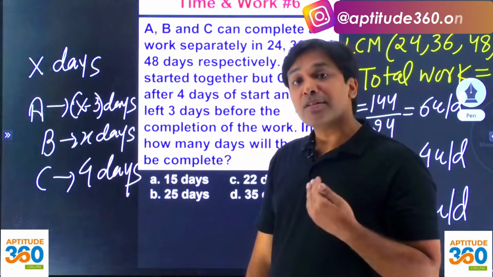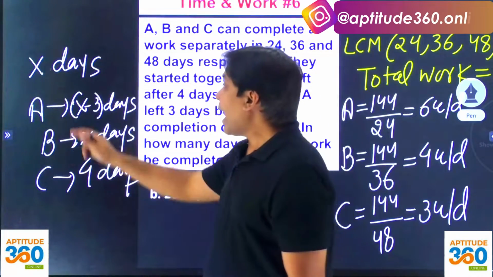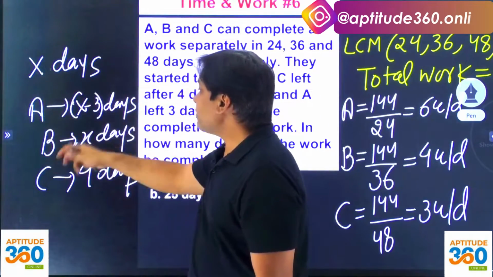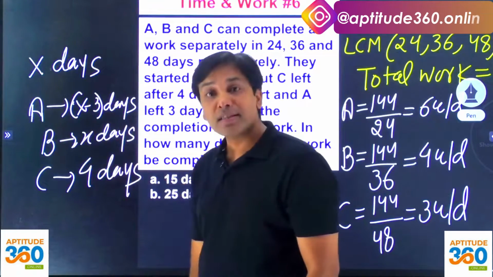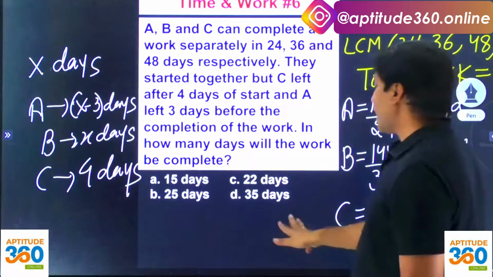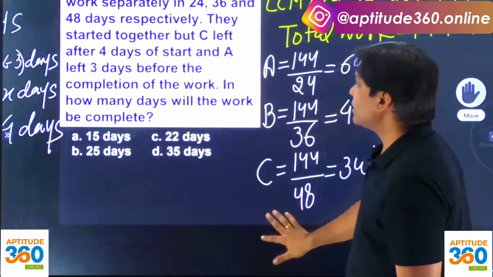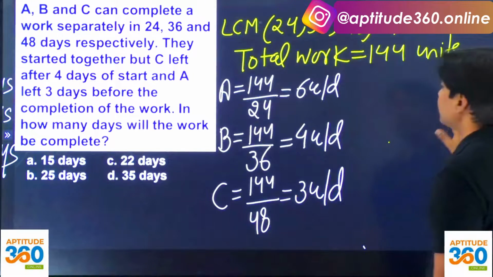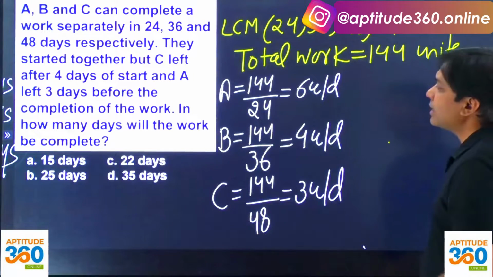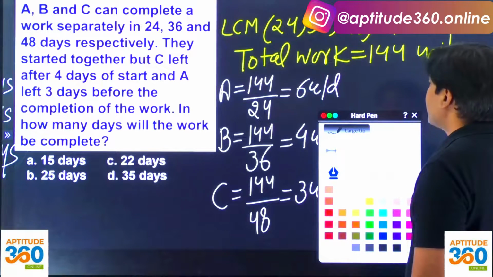अब मेरे को ये पता चल गया कि C काम कर रहा है 4 दिन, isn't it? And A and B respectively are working for X negative 3 and X days. And I also understand their individual rates. Can I find it out? Can I find out the value of X from here? Yes, I can do that. So what I should be doing here, हमने कितना निकाला A का? हमने निकाला A is working for X minus 3 days.